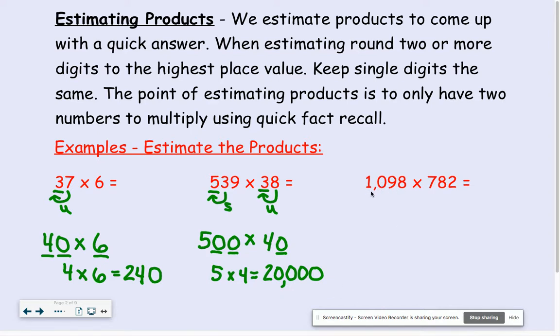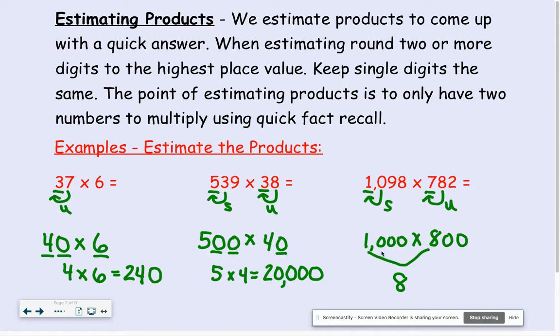Next one. The 1 is in the highest place value. The 0 tells it to stay. So this is going to round to 1,000 times 782. The 7 is the highest place value. The 8 tells it to go up. So that's going to become 800. 1 times 8 is 8.